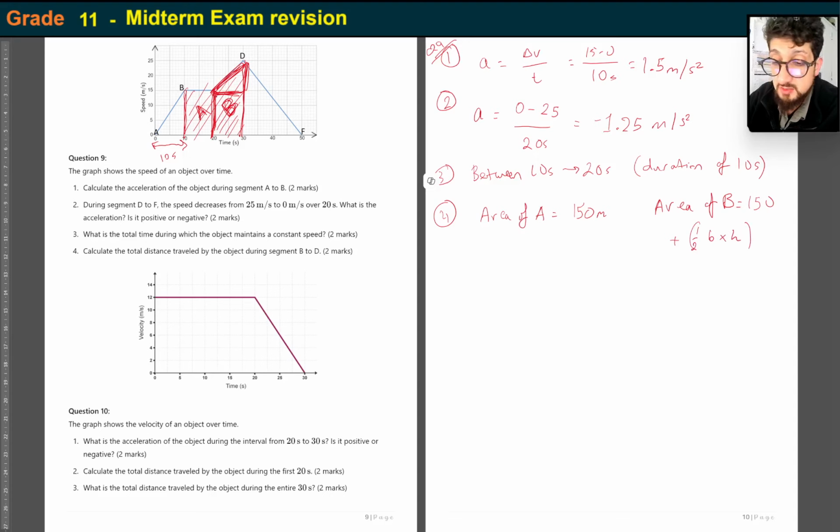The base is 10, from 20 to 30 is 10. So the base is 10, half of 10 is 5, multiplied by a height of 10 is equal to, let me just get rid of everything here because now it's getting a bit messy. So we've got three areas.